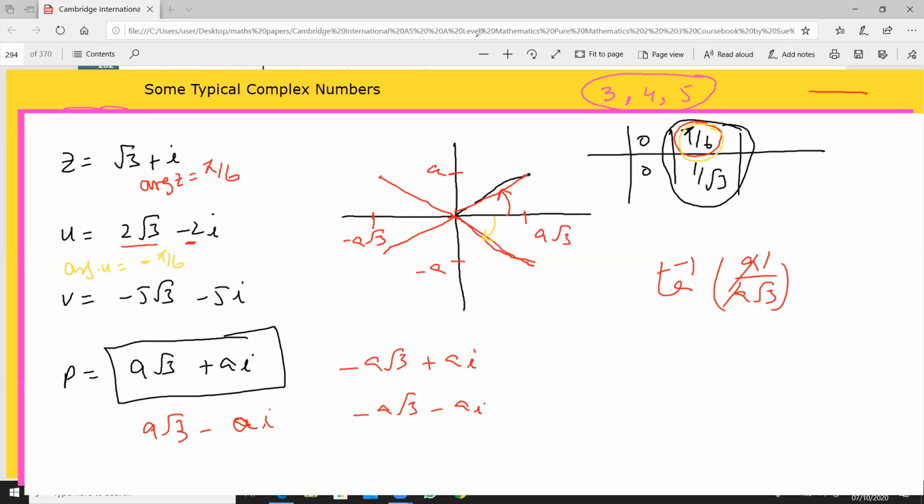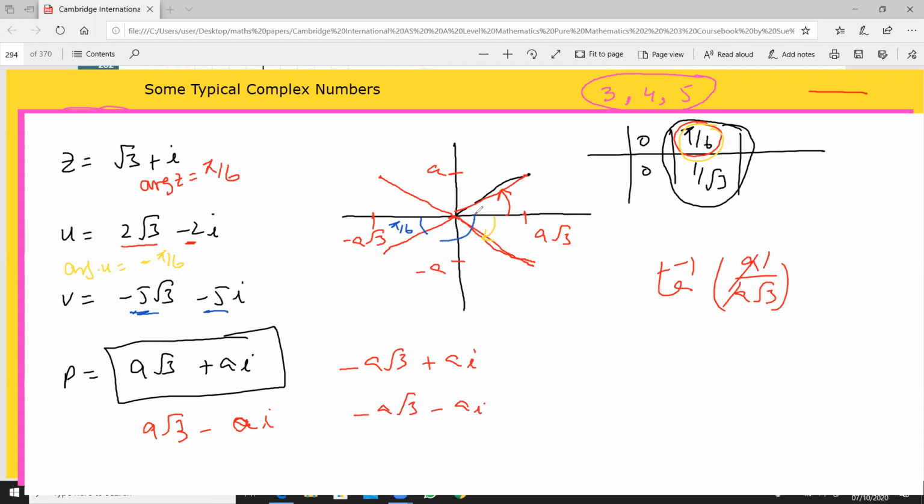Okay. Now look at this one here. This v. Which quadrant is this? Both of them are minus. Yes, third. That is third here. So this is pi by 6 over here.